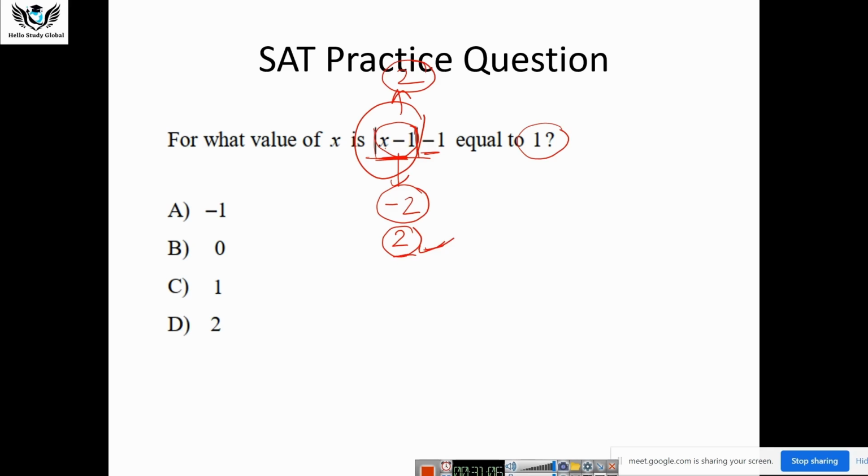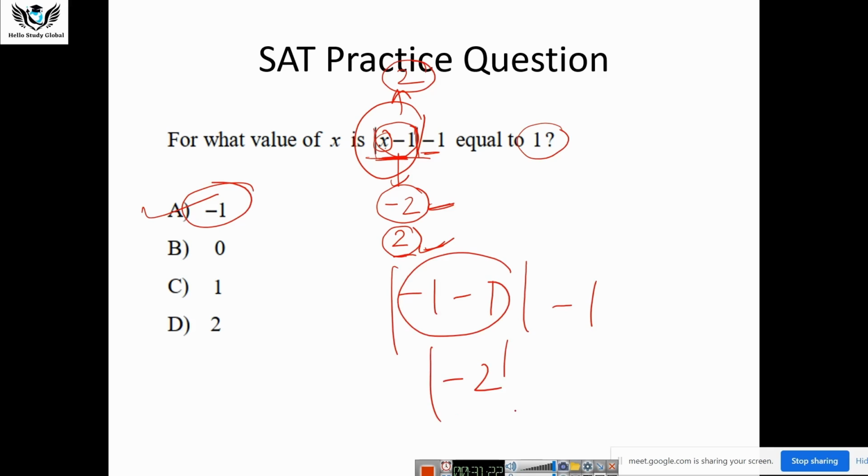But 3 is not there in the answer choices. When would it be equal to minus 2? When x is equal to minus 1, because minus 1 minus 1 would be minus 2. So when x is equal to minus 1, A is the correct answer. Modulus of minus 2 is 2. So 2 minus 1 is going to be 1, something that the question stipulates.